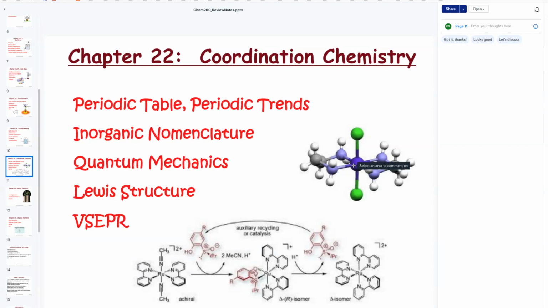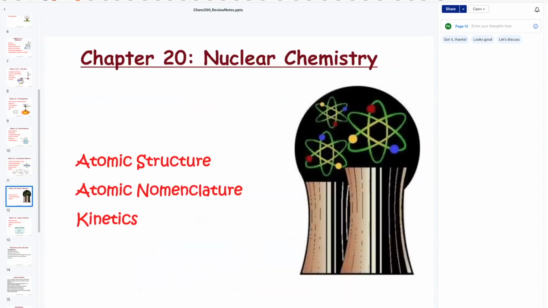Why do we need quantum mechanics? Because we need to look at how the d orbitals interact with the ligands, the electrons in the ligands that are coming in to form these compounds. You need to know a little bit about Lewis structures and then valence shell electron pair repulsion theory. Those are the things that you need to bring in for coordination chemistry.